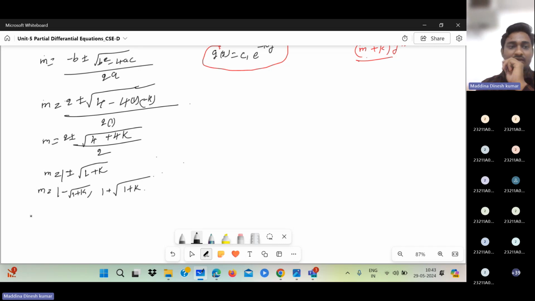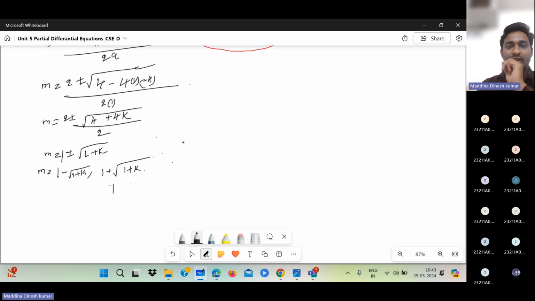That means f of x equal to, here we already used the constant c1. Next we will get c2 and c3.